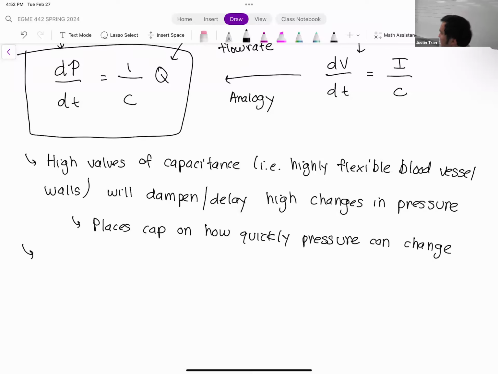Another piece of trivia. Capacitance is very much an electric circuit type of word, and so for fluid mechanics and for blood flow, we've adopted another word for it. Instead of capacitance, we often use the term compliance.